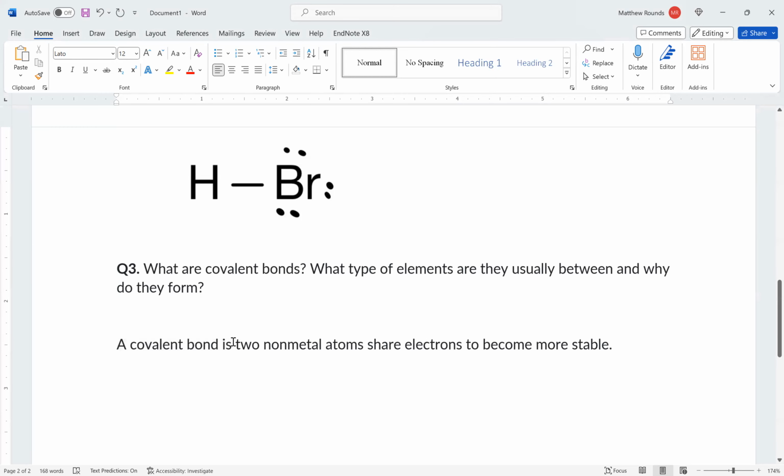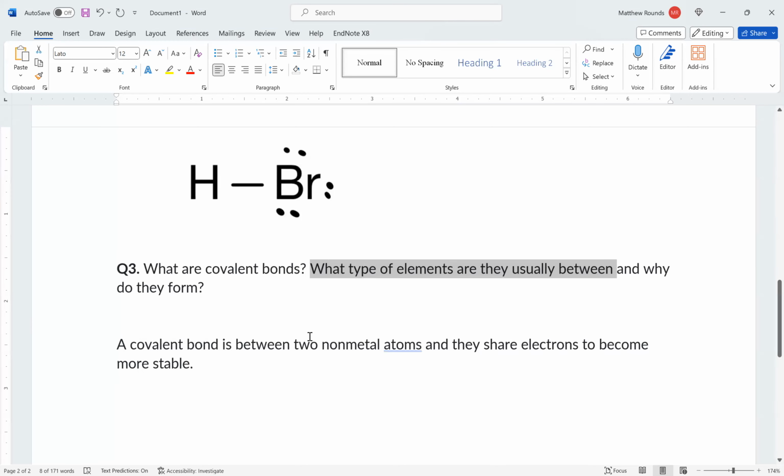So we might say it is between two nonmetal atoms, and they share electrons to become more stable. Now we just answered the next part. What type of elements are usually between? And why do they form is probably a more challenging question to answer.